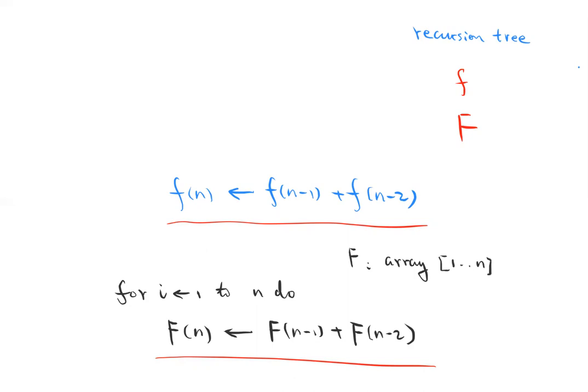Here small f is a function. So what's the difference between this function and array? The difference is that here the values of f[n-1] and f[n-2] are computed already. So when we want to compute f[n], these two values are known. The values of these two are computed already.